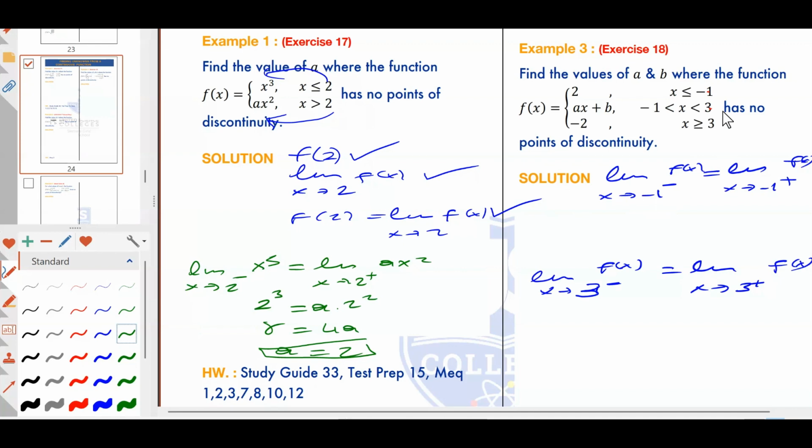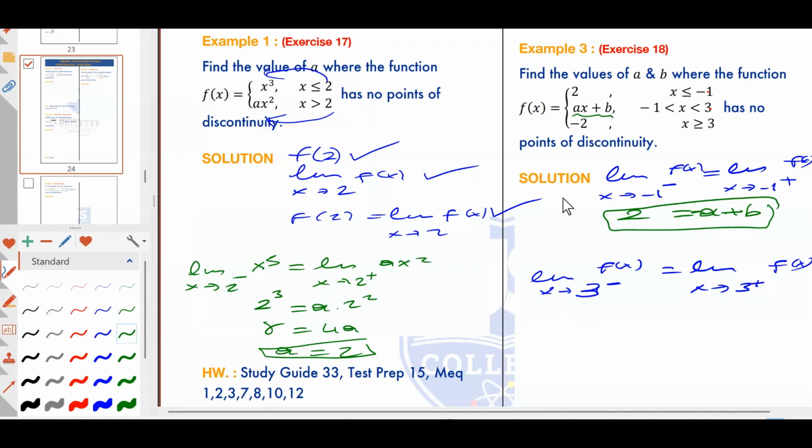The left-sided limit for -1 is 2, which equals the right-sided limit for -1, this middle condition, ax plus b. So a times x, -1, so -a plus b. So I got an equation here. I didn't get a value. I have 2 unknowns, so I got an equation. So do the same for the second number. The limit as x approaches 3 from the left, the less than condition for 3, is ax plus b.